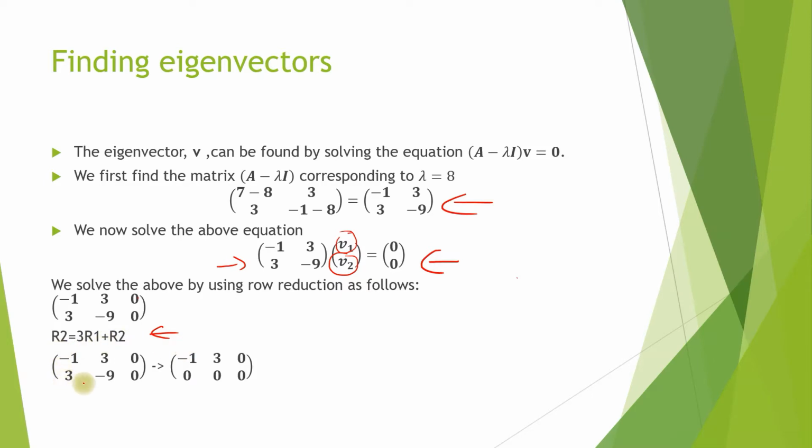Like the second row, as you see here in this equation, the second row is equal to the first row multiplied by 3, and then plus the second row. So if we want to manipulate that row down there, the first one stays as it is because we want to change the second row.